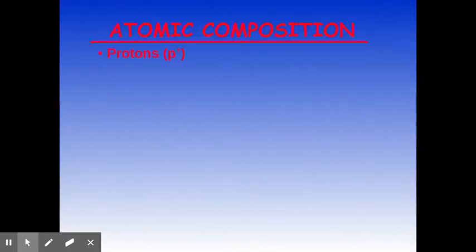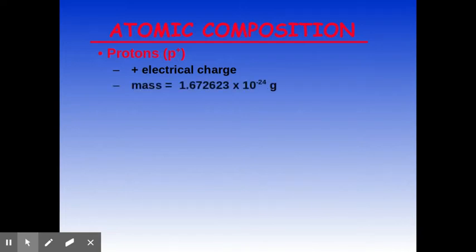So here we go. Notes. If you don't have these in your notes, you need to put them in your notes. These are going to be very, very important for the rest of chemistry. So protons. I'm a little lazy. I like to write protons as a P with a plus sign because guess what the charge of a proton is? It's positive.